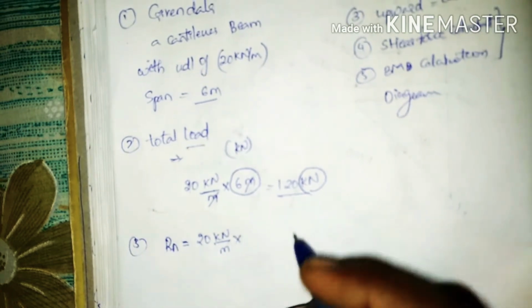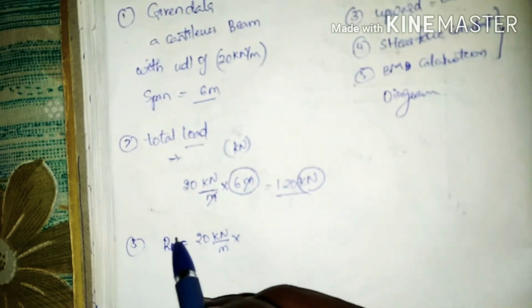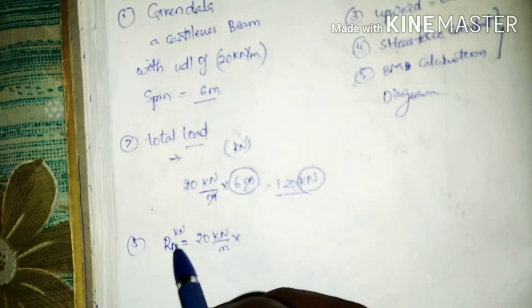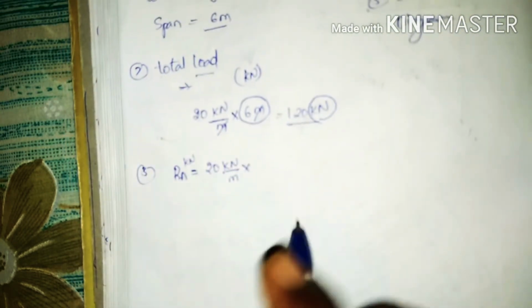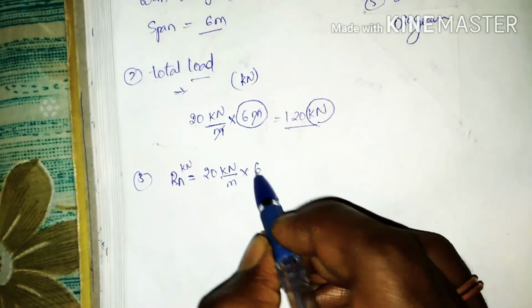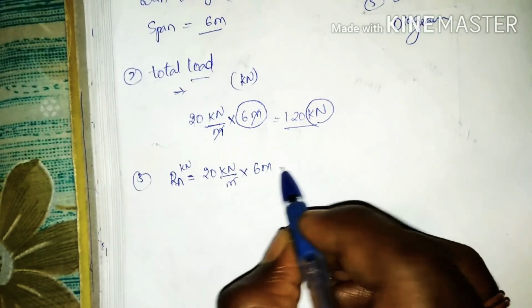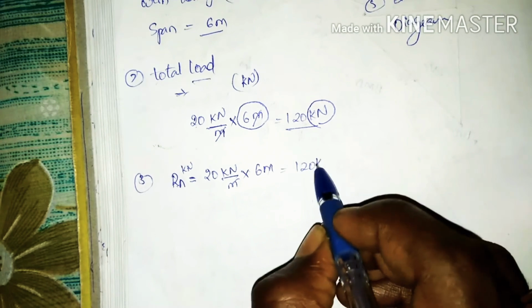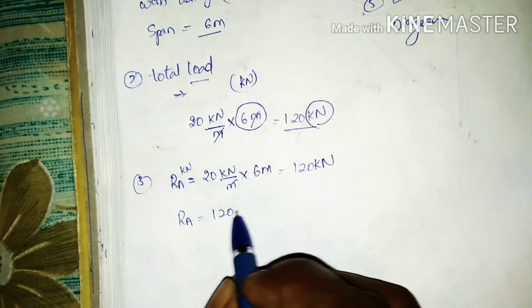The downward load should be in kilonewtons, as the shear force is always in kilonewtons, so this is also multiplied by 6 meters. That gives 120 kilonewtons. Here RA is equal to 120 kilonewtons.